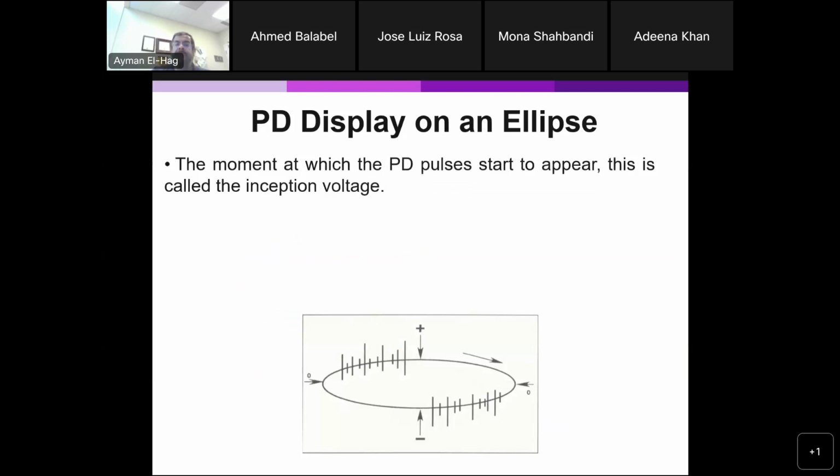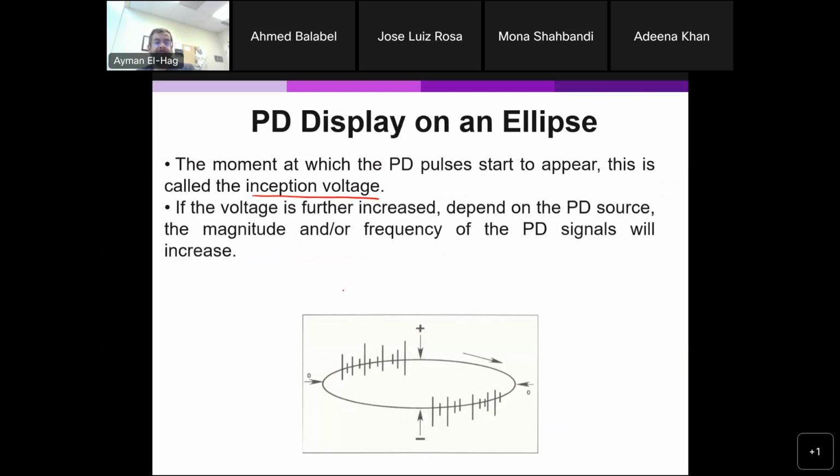Now, here is the positive cycle and this is the negative cycle. The voltage level at which the partial discharge will start to appear, we call the inception voltage. That is the voltage at which the partial discharge will start to take place. Okay. Now, if the voltage is further increased, depending on the PD source, the PD type, the magnitude or the frequency of those pulses will increase.